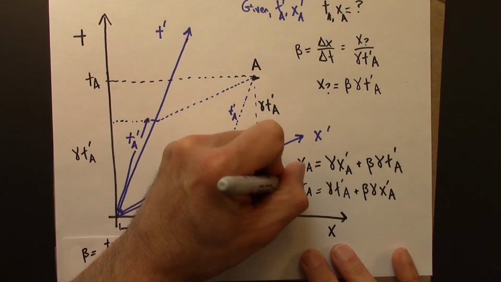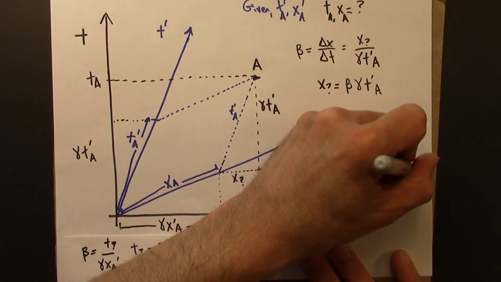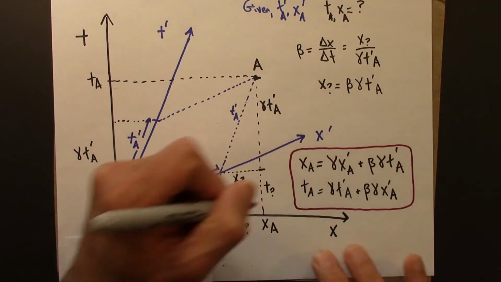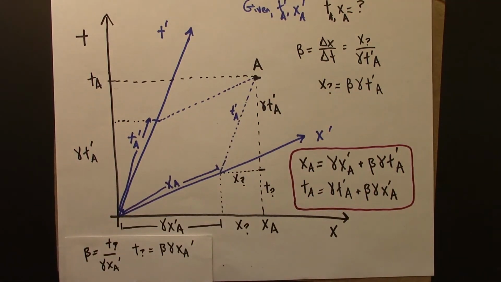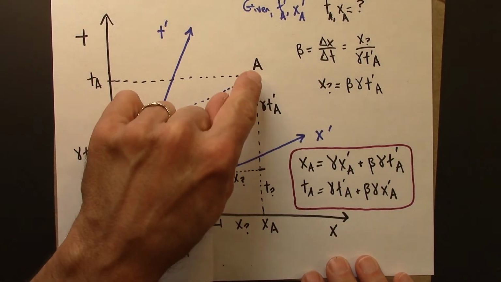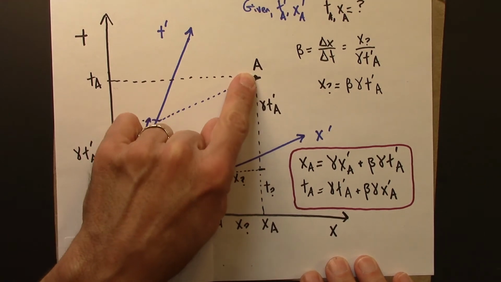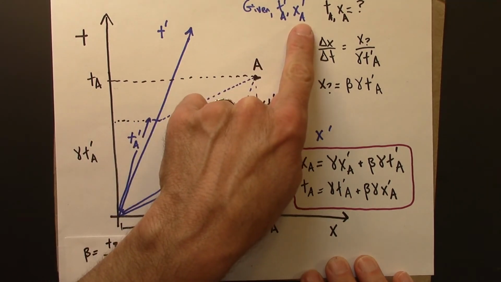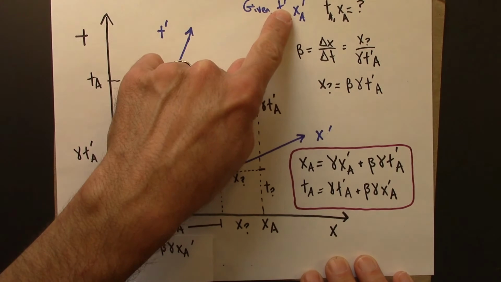That's a formula for the spacetime coordinates of this event. We imagine that we knew the primed coordinates, and we could then figure out from the primed coordinates what the unprimed coordinates are.